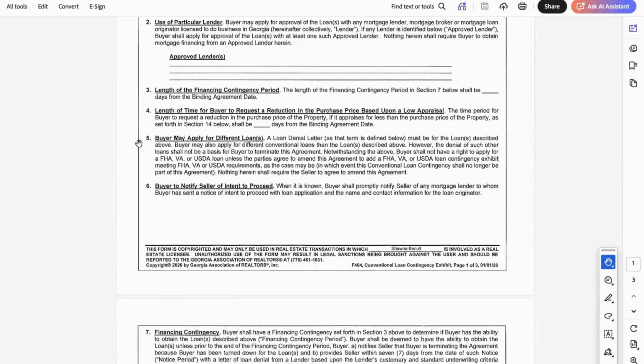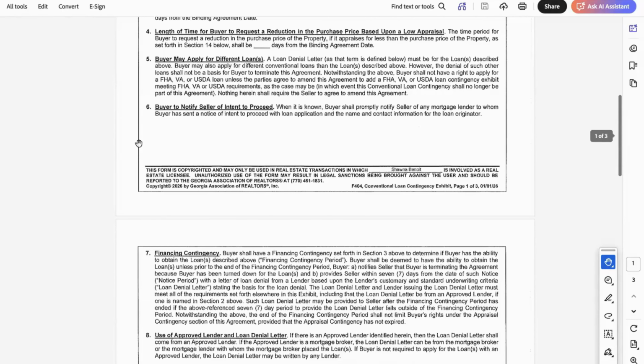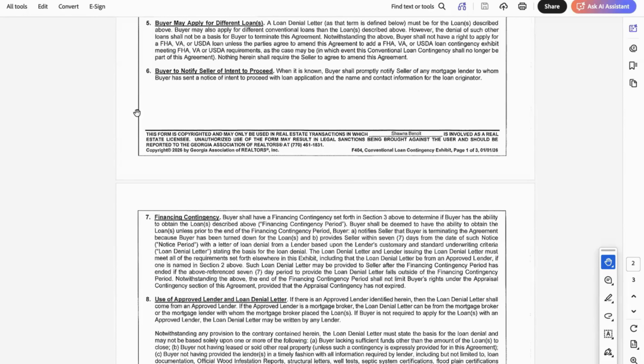Buyer can shop around, but termination must be based on the exact loan described above. 6. Buyer to notify seller of intent to proceed. Buyer must inform seller which lender they are proceeding with and the loan officer's contact information. The purpose of this is transparency and communication.